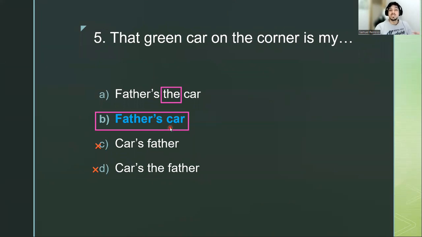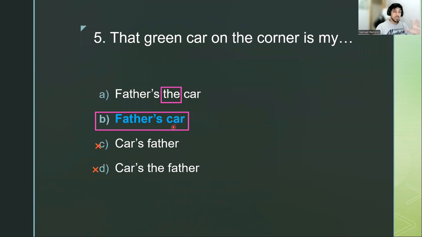This is my sister's book, okay? El libro de mi hermana, my sister's book. We don't say my sister's the book, okay? In Spanish, we use it, not in English. Careful with that, okay? So my father's car, my father's car. Is it clear? Okay, yeah.